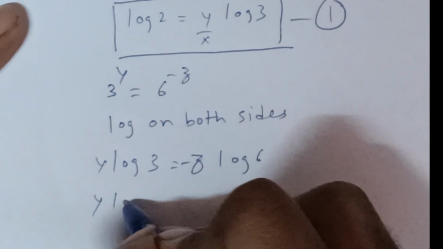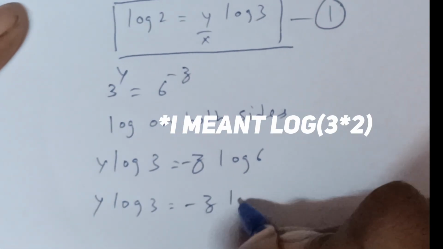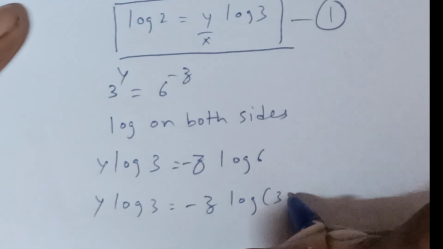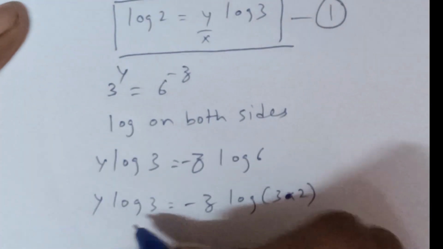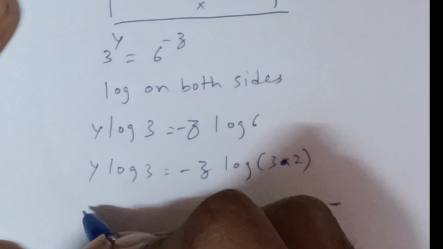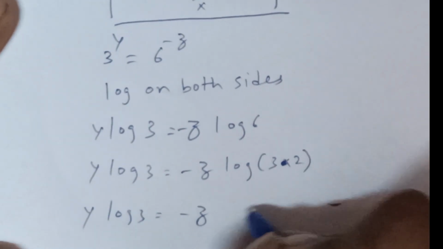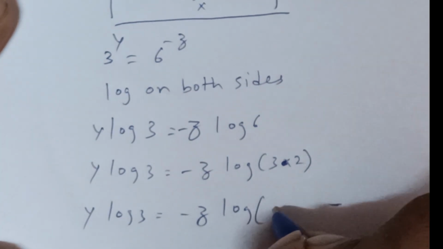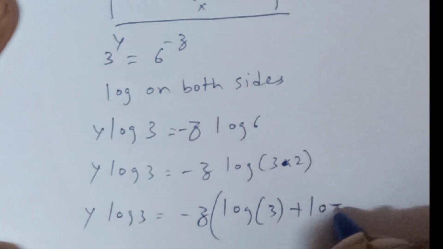So here 6 can be written as 3 into 2, so we are just splitting it. Now y log 3 equal to minus z into log 6. Using the formula log ab equal to log a plus log b, log 6 equal to log 3 plus log 2.